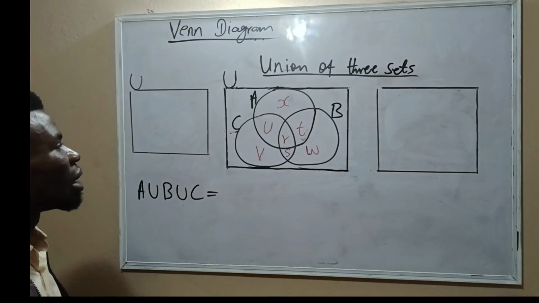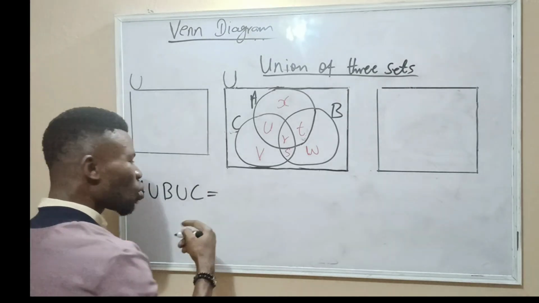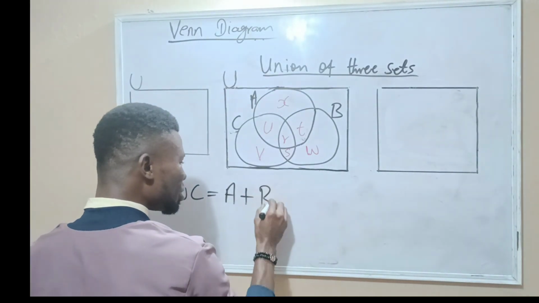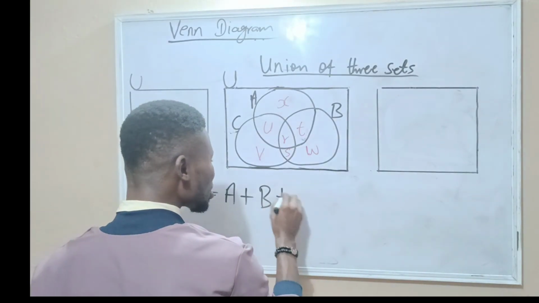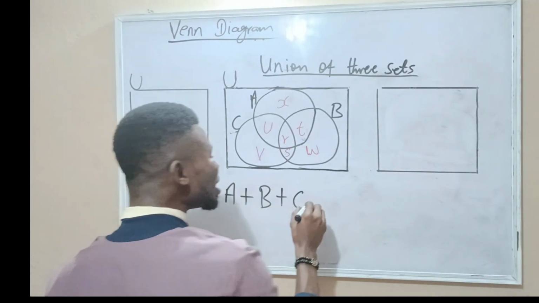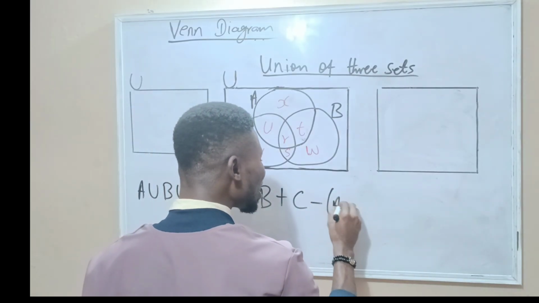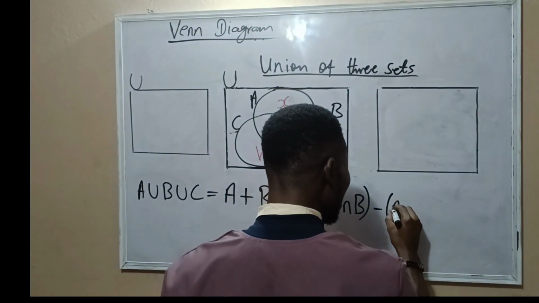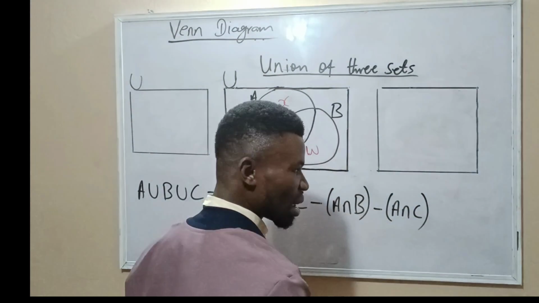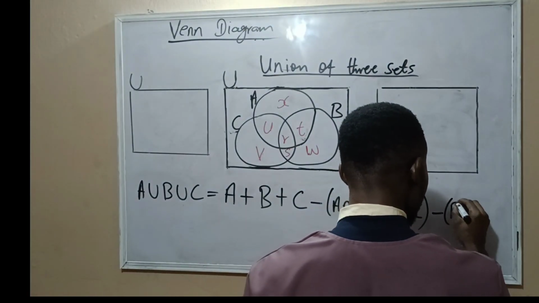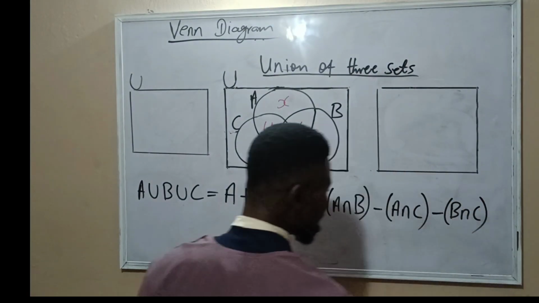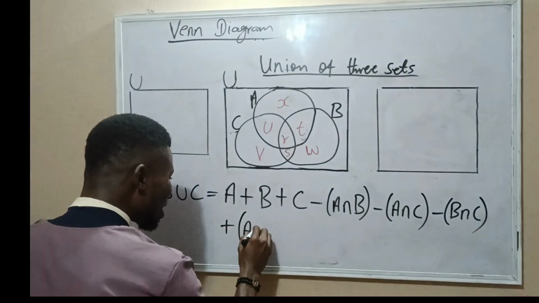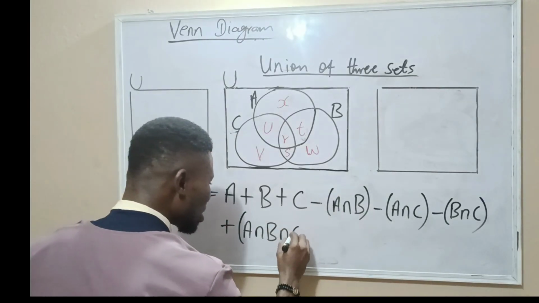Now, A union B union C is equal to everything in A, plus everything in B, then plus everything in C, then minus everything in A intersection B, then minus everything in A intersection C, then minus everything in B intersection C, and then plus everything in A intersection B intersection C.